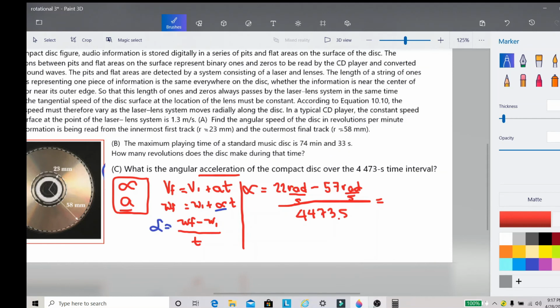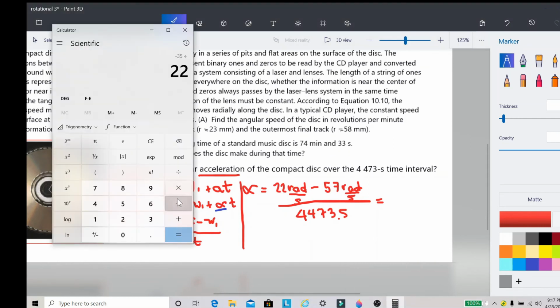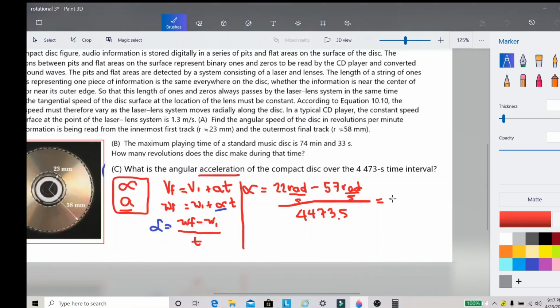We have 22 minus 57. That is negative 35 divided by 4473 seconds. That is equal to negative 0.0078. Negative 0.0070.